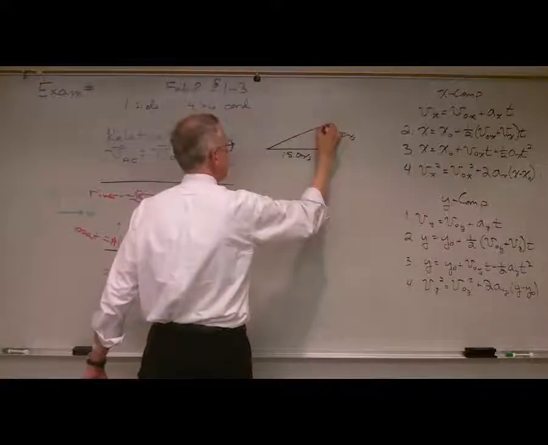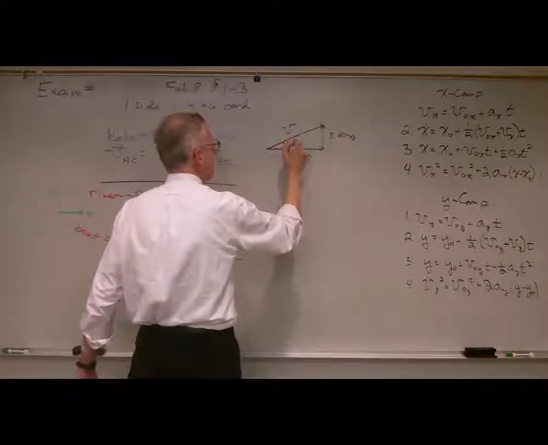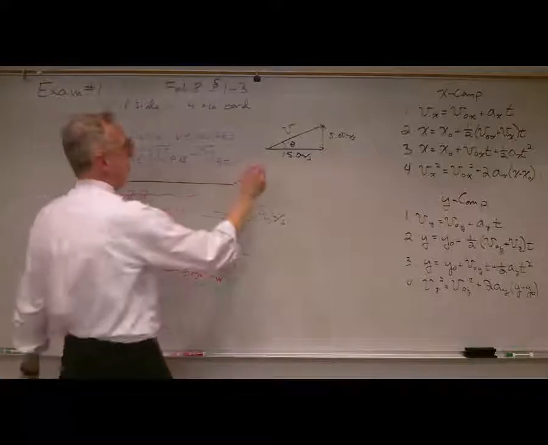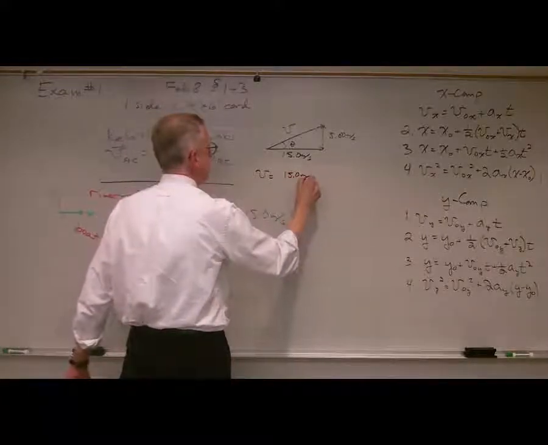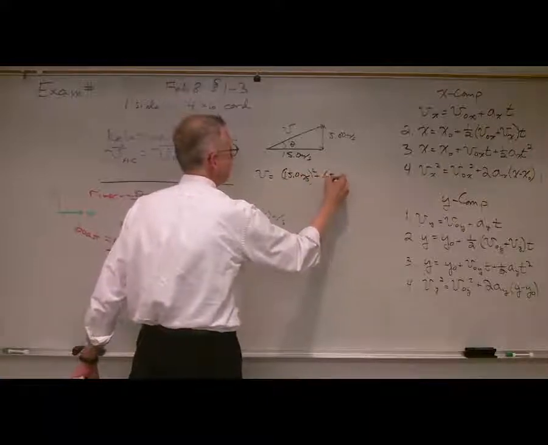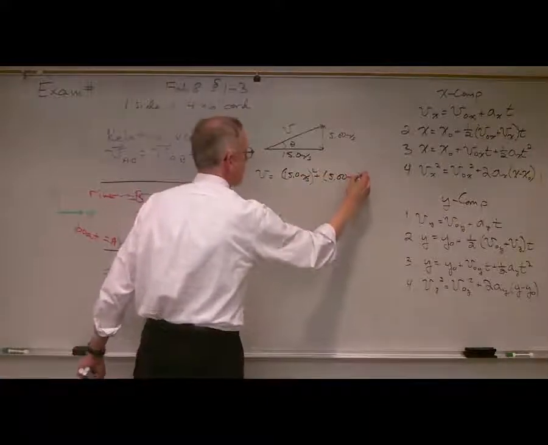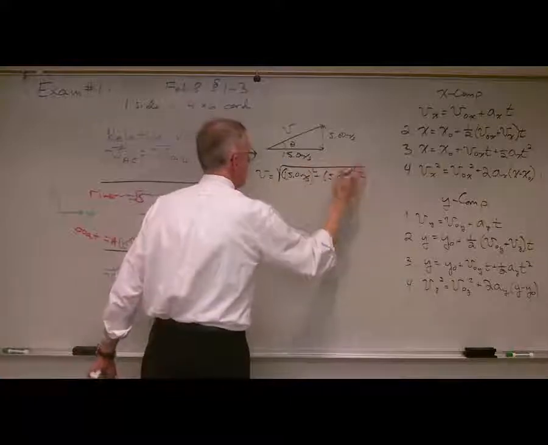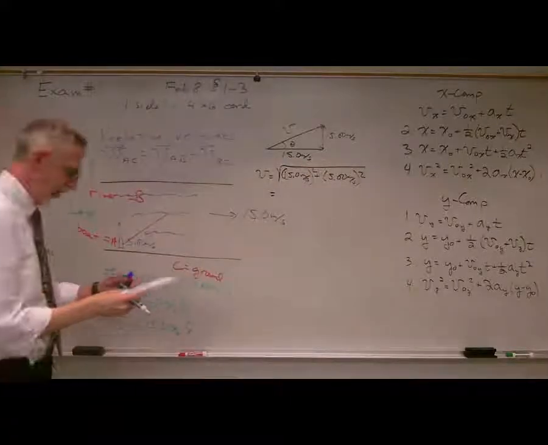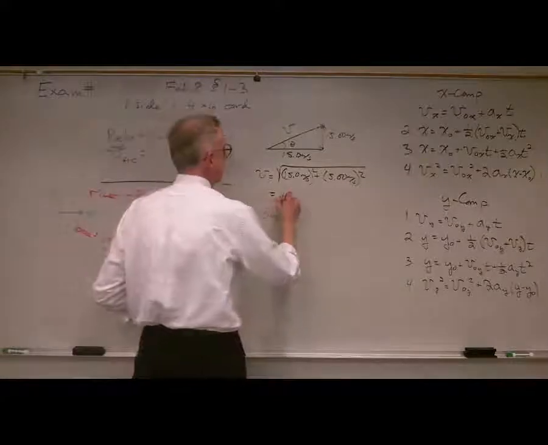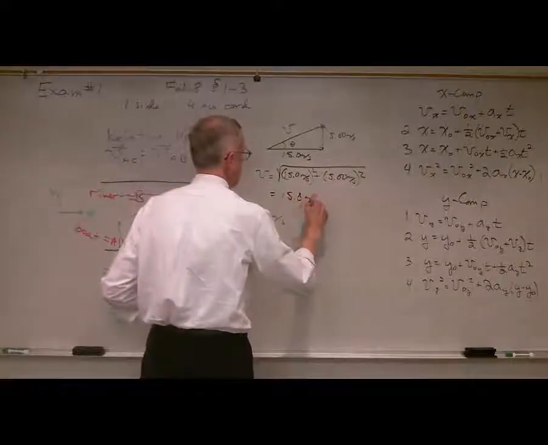What is the final velocity? Well, we can use Pythagoras to figure out the magnitude. We know that V will be equal to the square root of 15 meters per second squared plus 5 meters per second squared. Evaluate that and we find that V is equal to 15.8 meters per second.